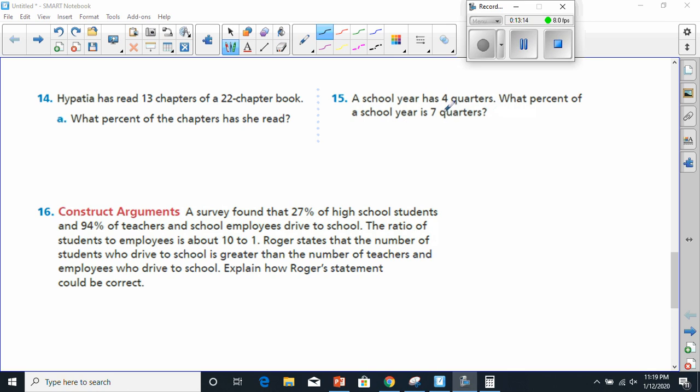Well, if a school year has 4 quarters, and we know this has got to be more than a school year, because it's 7. It has to be more than 4, so it'd be 7 over 4, not 4 over 7. And then, well, every fraction is a division problem. Let's give this a shot.